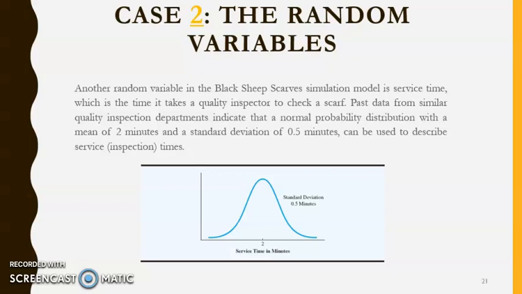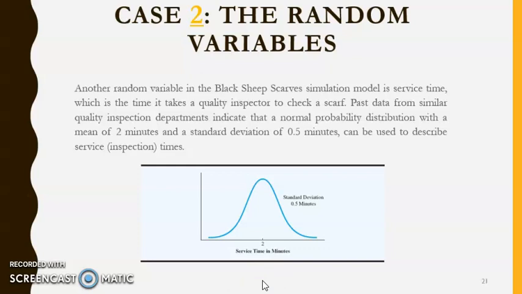You know how to generate it when you have the mean. Here the mean is 2 and the standard deviation is 0.5 minutes. But when you look at the horizontal axis, it says service time in minutes.